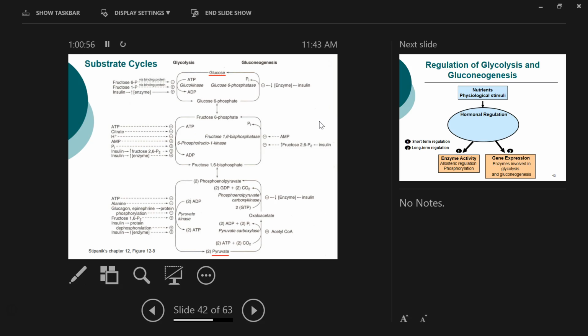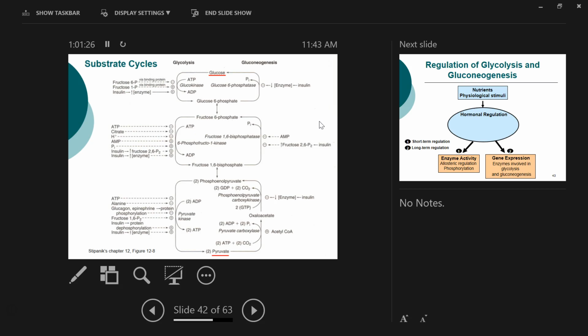You don't need to remember all of this, but some key hormones and substrates. So I'll just take one example, like insulin. It's a key hormone, and let's see how insulin coordinately regulates each pathway.